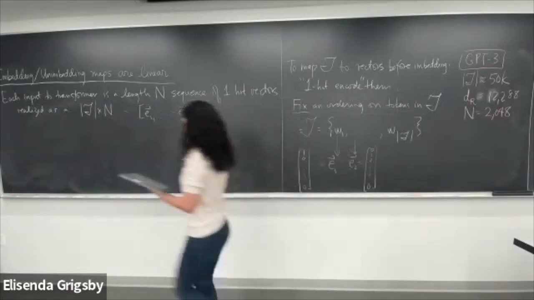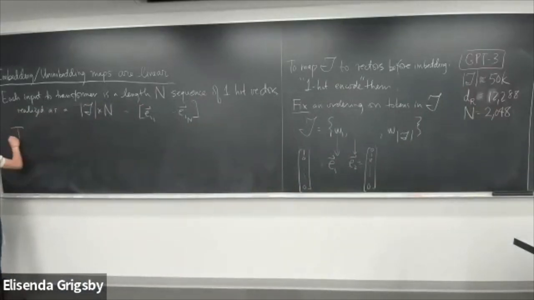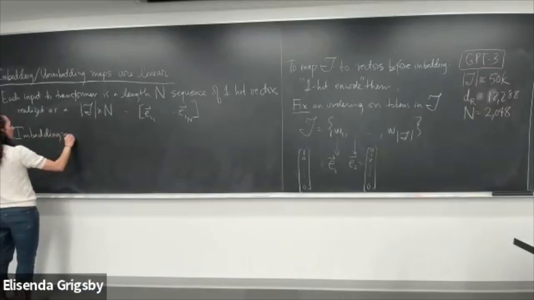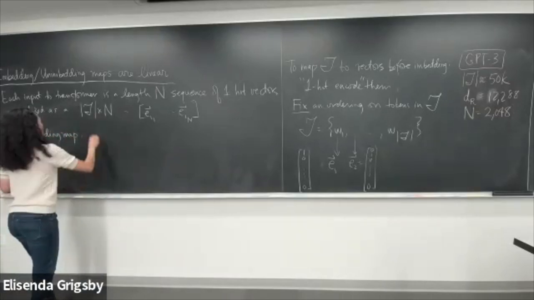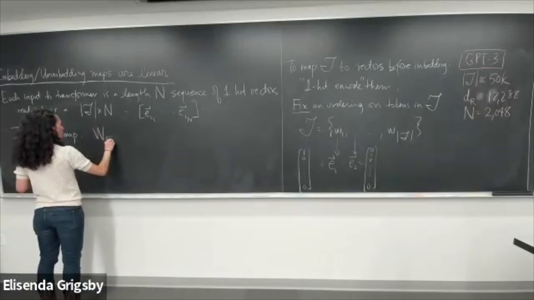And then you have this embedding map, and I claim it's just a linear map.